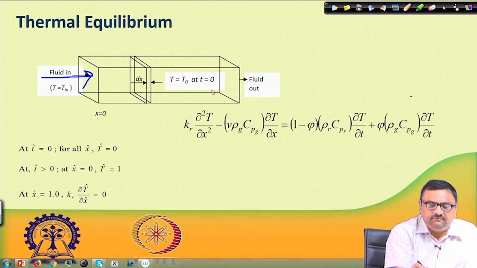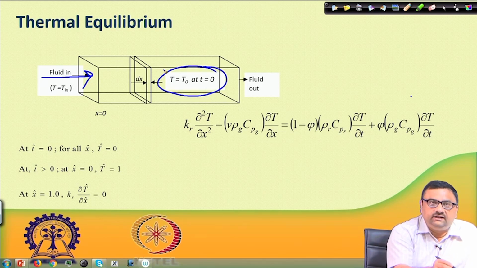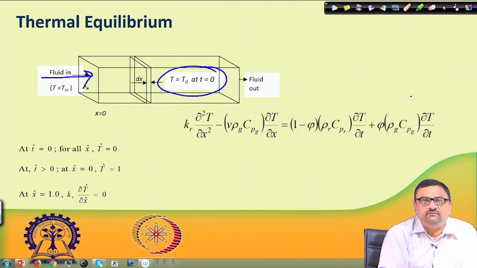This porous medium is at a temperature T equal to T 0 at time t equal to 0, and then for t greater than 0, the fluid is flowing into the porous medium with a temperature which is T in.